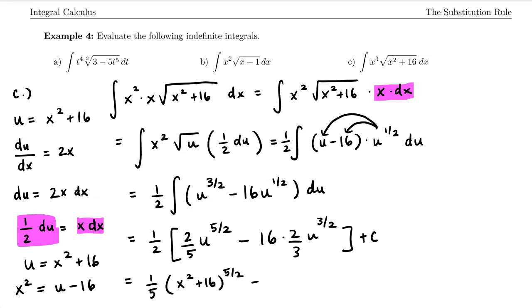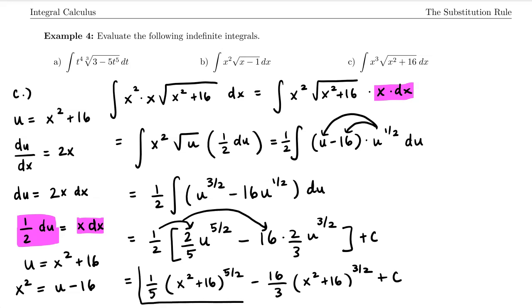And then if I distribute 1/2 into the next term, so I distributed it here already, and then I'm going to multiply it there, what's going to happen is the 2 in the numerator and the 2 in the denominator are going to cancel out. So I should be left with minus 16 over 3 times x squared plus 16 to the 3/2 power plus our constant of integration. And this represents our final answer for part C.